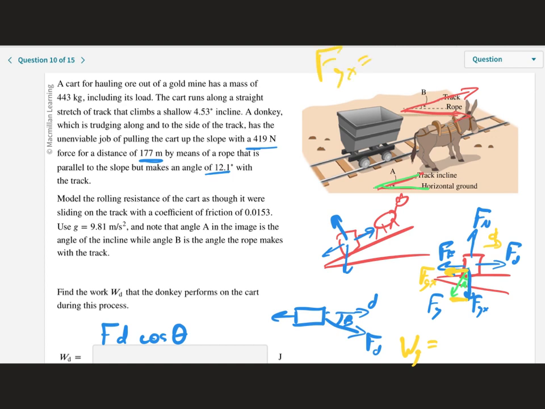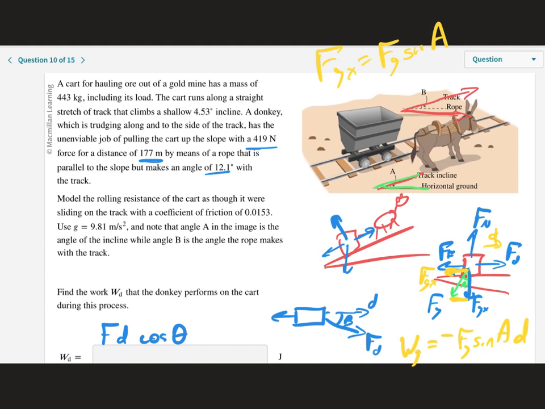FGX is going to equal FG times the sine of angle A. So the work done, I know because FG is to the left and the displacement is to the right, it's going to be negative, and it's going to be FG times the sine of A times the displacement, which is given in the problem.